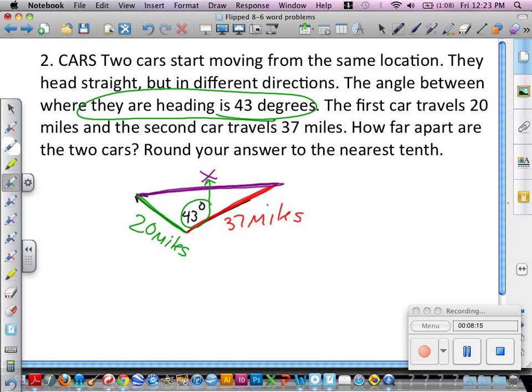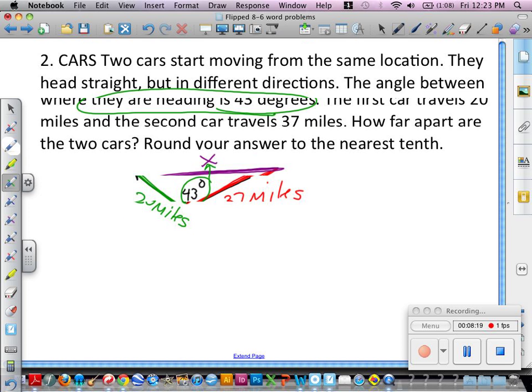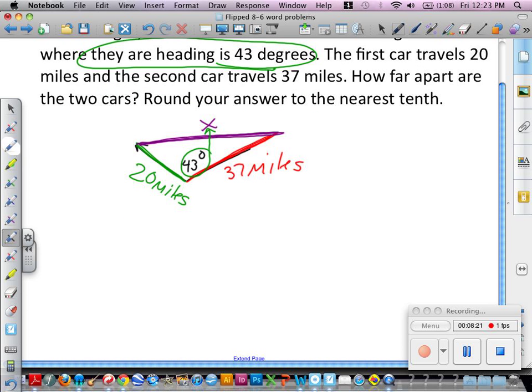So I need to know this pattern. I'm looking for x, that's the side. So x squared equals the other two sides squared. So I'm going to take 20 squared plus 37 squared. Then it's minus. 2 is just part of the equation. Usually somebody will say, where did the 2 come from?